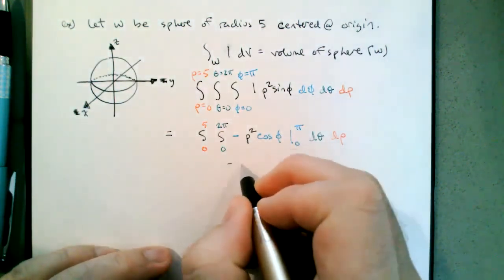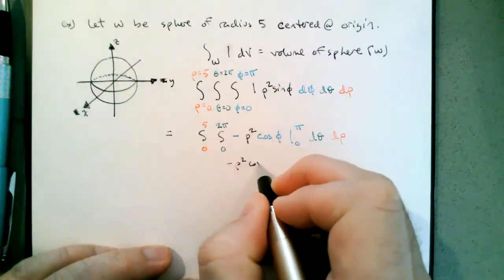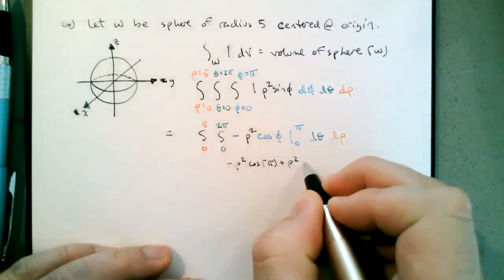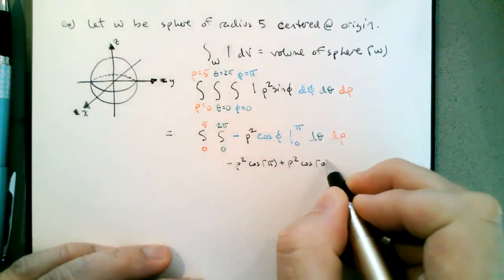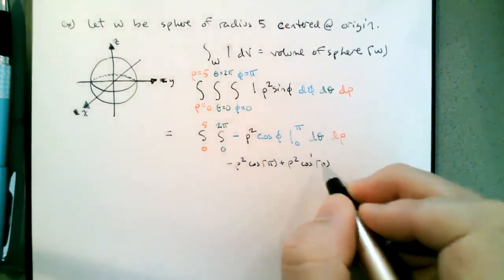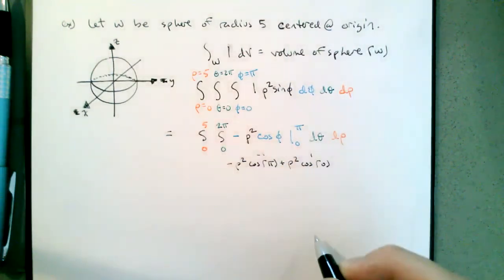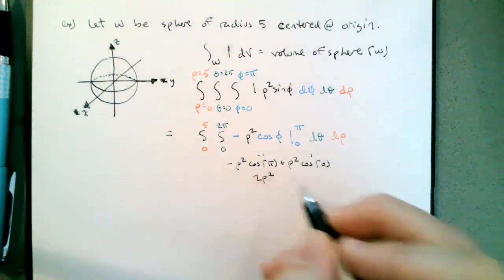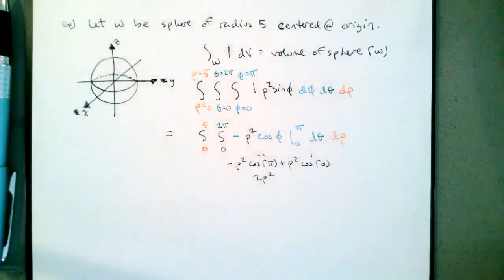So I have minus rho squared cosine of pi minus a minus rho squared cosine of 0. Cosine of 0 is 1. Cosine of pi is negative 1. So it looks like we're going to have 2 rho squared. You should probably check my algebra and my trigonometry. You know that I'm not very good at algebra, arithmetic, or trigonometry.